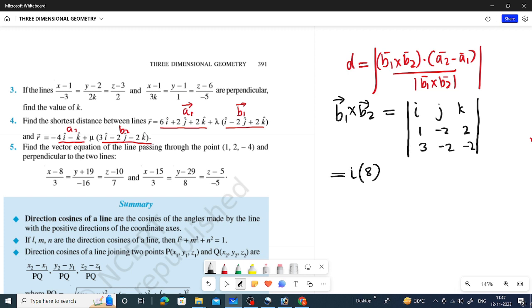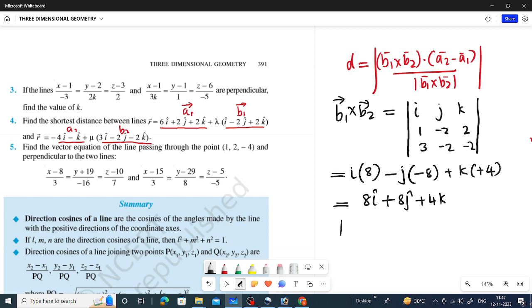Then minus j into minus 2 minus 6, that is minus 8, plus k into minus 2 plus minus 2 plus 6, so plus 4. So 8i plus 8j plus 4k is the answer to b1 cross b2.